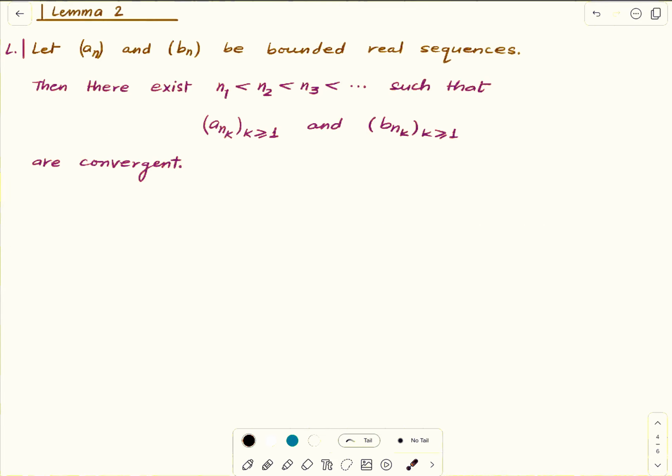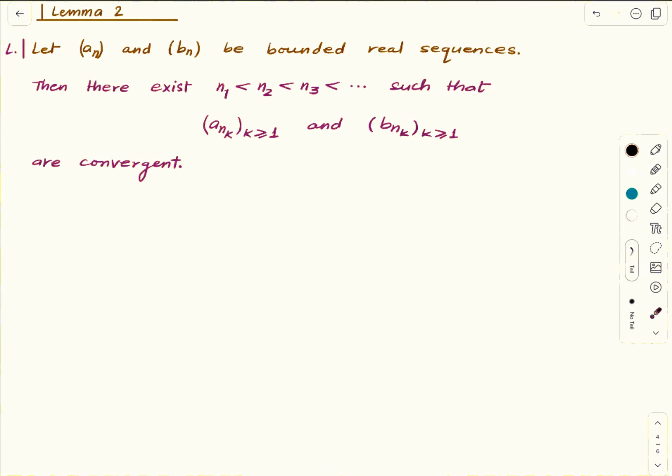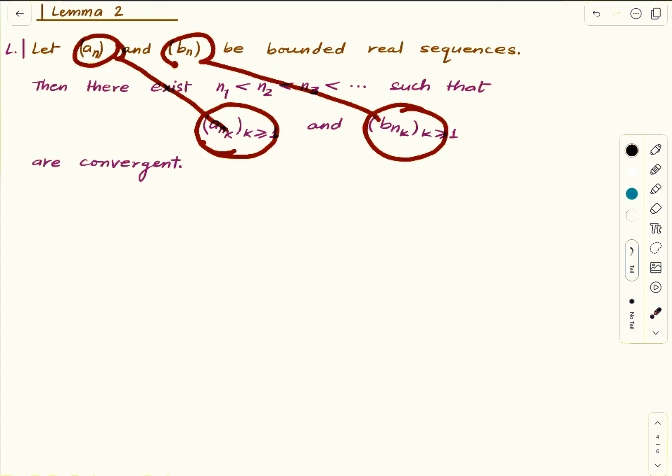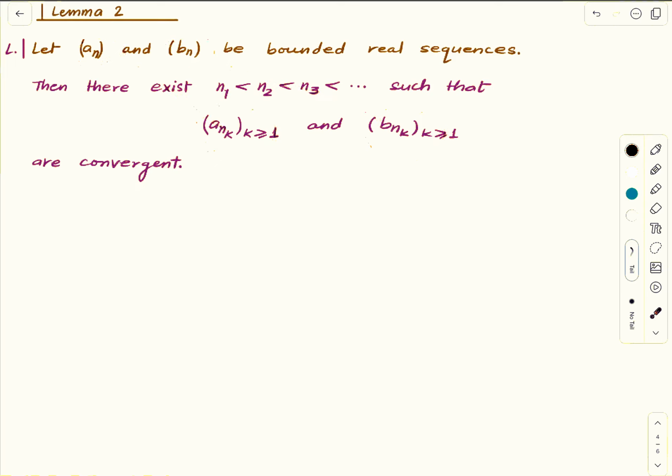The second lemma. Suppose we have two bounded real sequences. Then we are saying that there exists a strictly increasing sequence of natural numbers such that the corresponding subsequences both converge, right?